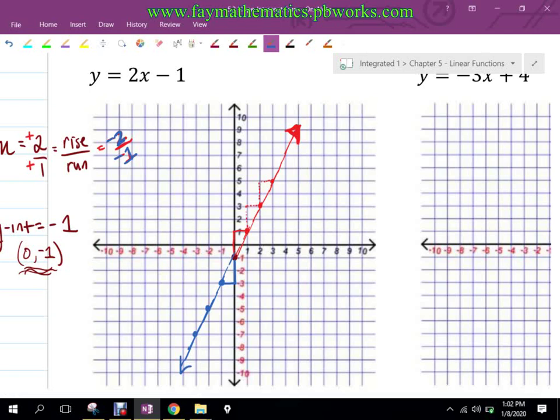Now, when I do these, I usually look for 3 points. I'm not saying that you have to do it the way I do it, but what I do is I always graph my y-intercept first. Obviously, everybody's going to do that first. And then everybody's going to graph the slope the way it is. So go up 2 over 1 to get that point there.